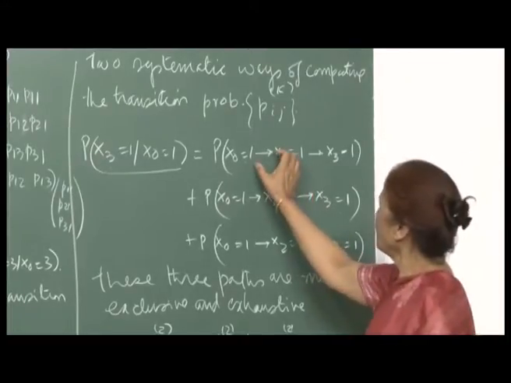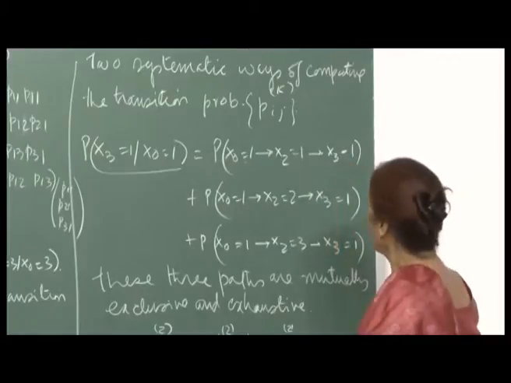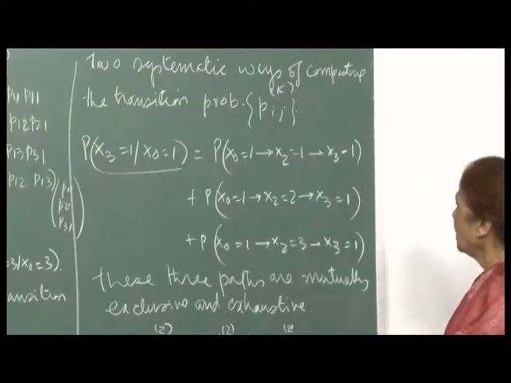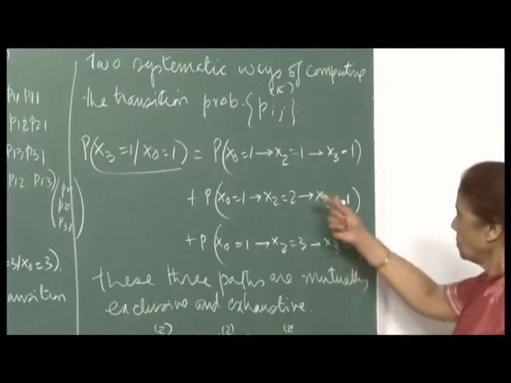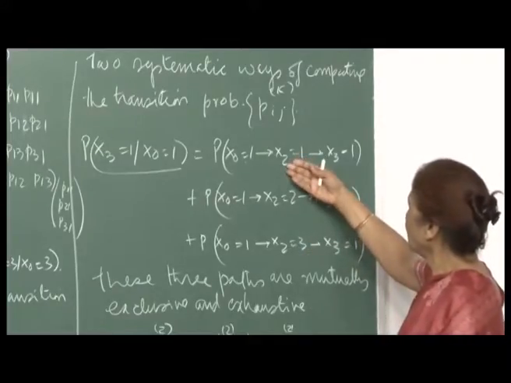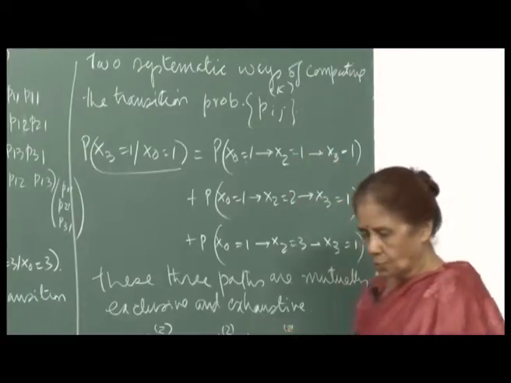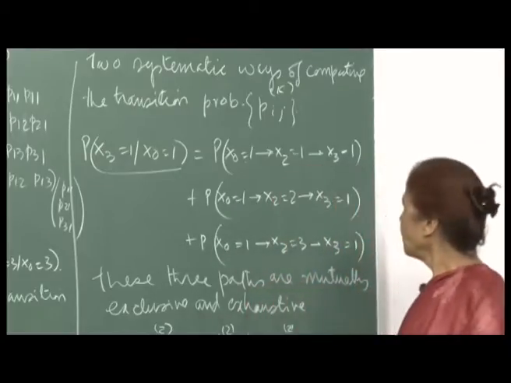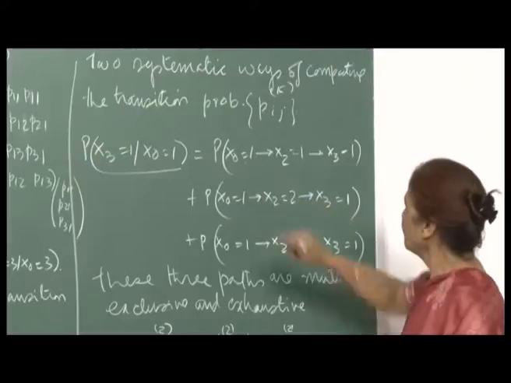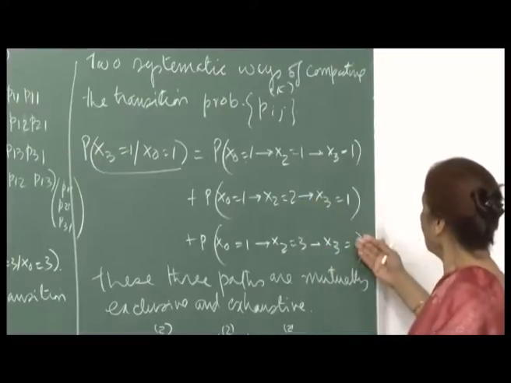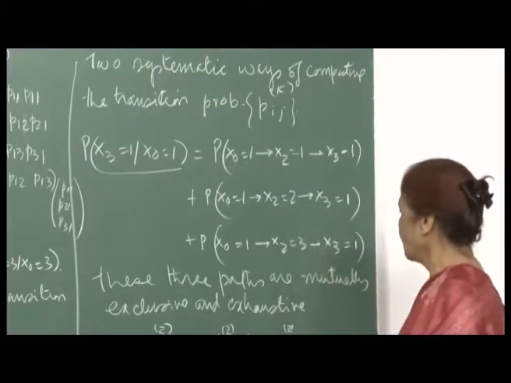So, this is your 2 step transition probability, and then this is your 1 step. So, again I can write this down, and now these 3 paths are mutually exclusive and exhaustive, right. Because after 2 transitions, starting from X_0 = 1, you can be in state 1, 2 or 3, and then you have to transition finally to state 1. So, therefore, these are the 3 paths, right.